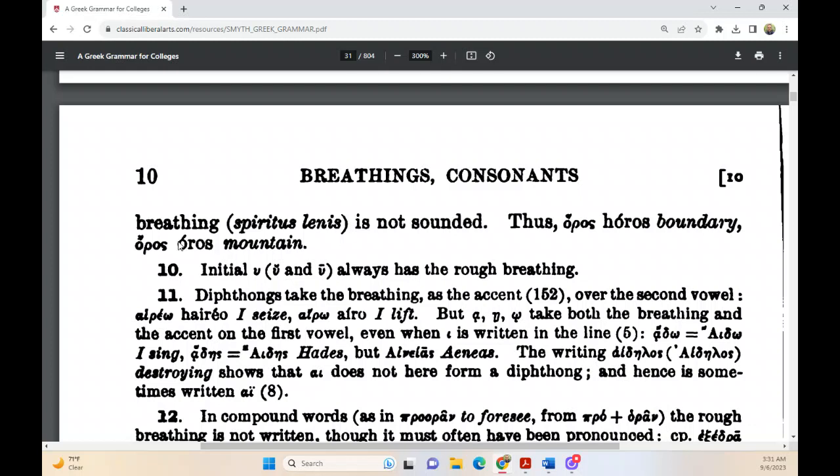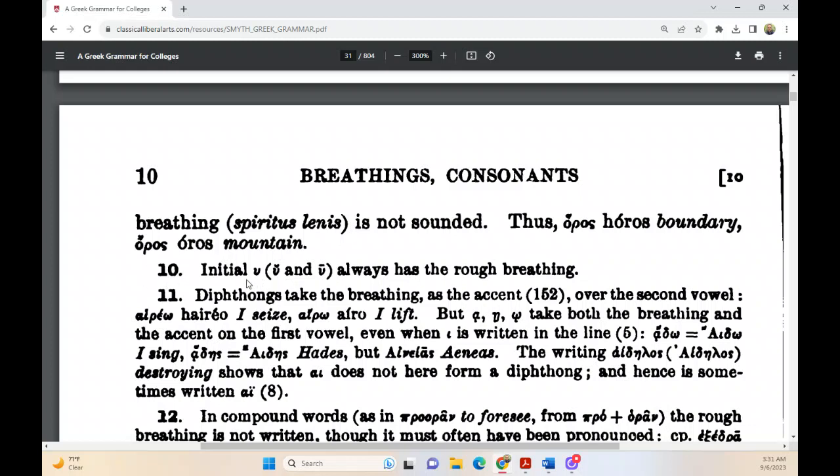So that's what's meant by rough breathing and smooth breathing in Greek. And you'll see these symbols in every Greek word that starts with a vowel or diphthong. They're very, very common, and you need to know what those symbols represent and how they're to be read. That's the point of Article 9.